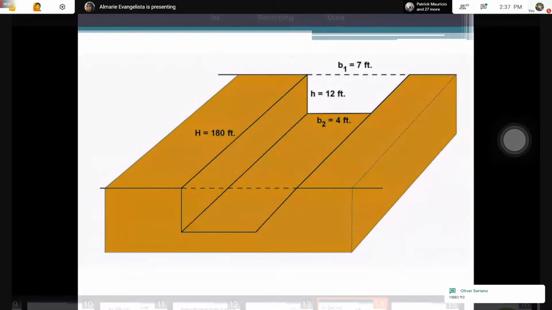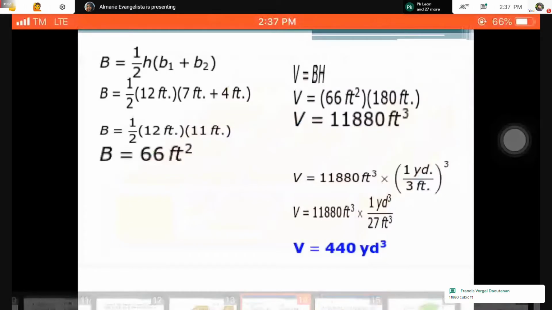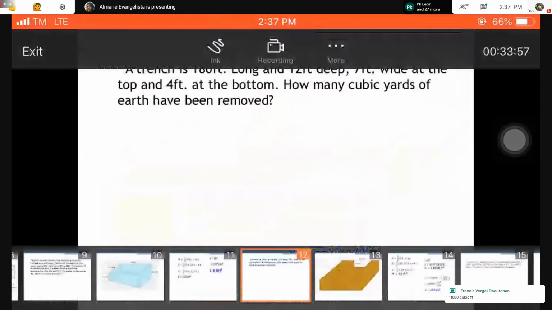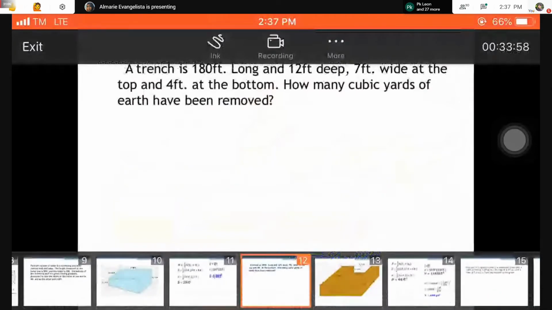So, sabi rin sa problem, need mo siya i-convert sa cubic yards. And ang conversion ng cubic yards, 1 yard is equals to 3 feet.